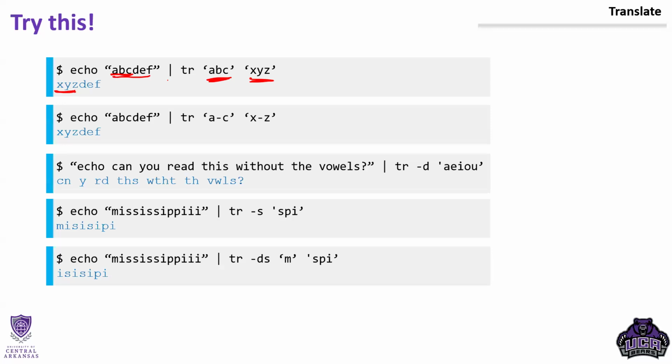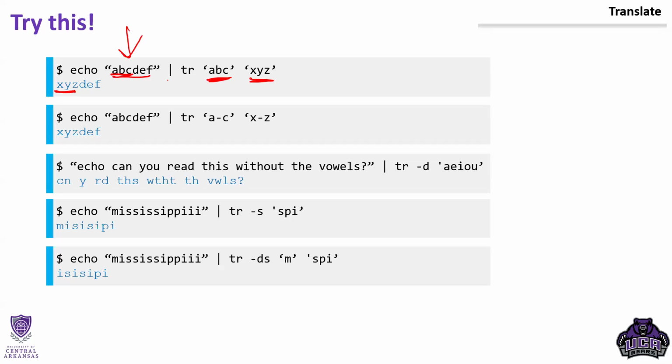So one thing to note is there are very few of them, but there are some commands that technically don't work on their own. Translate does not have an argument for this original string right here.